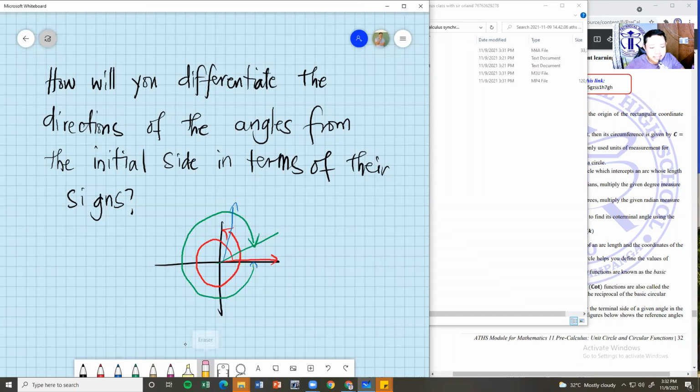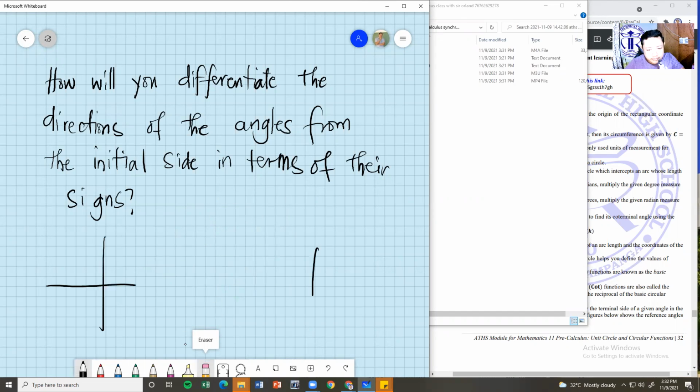There are two kinds of angles based on their directions: this one and this one. How will you differentiate the two in terms of their signs?